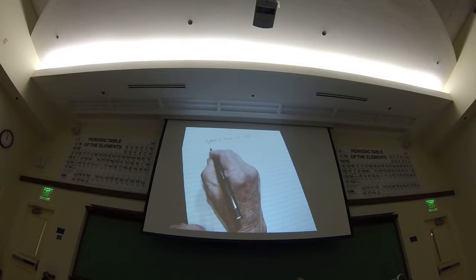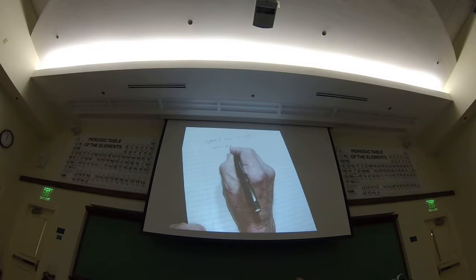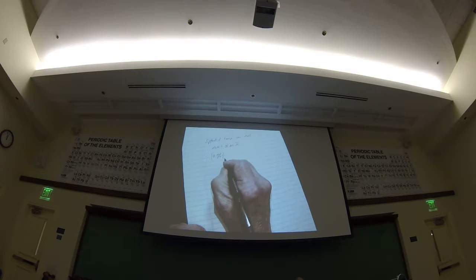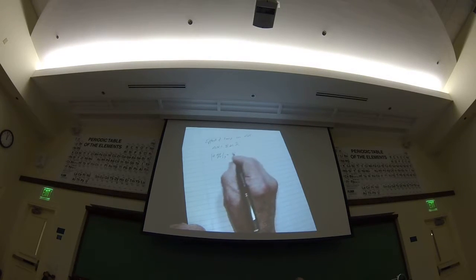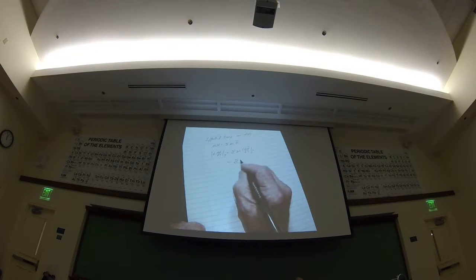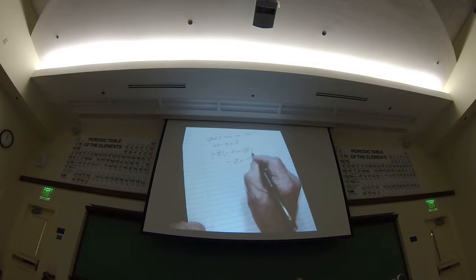At constant pressure, this is the summation of nu i, H i bar, and this is the summation of nu i times Cp i.